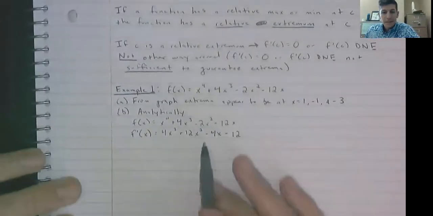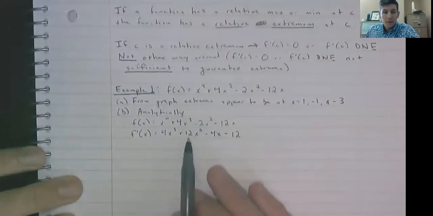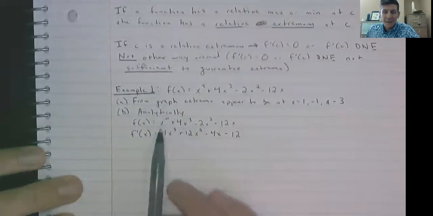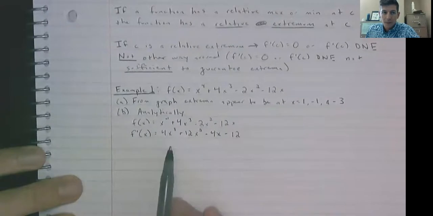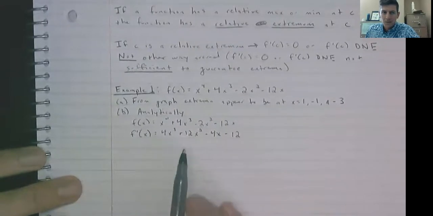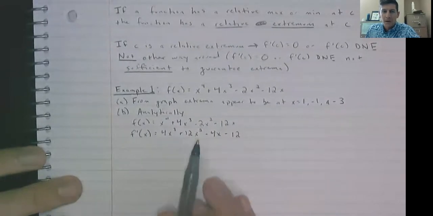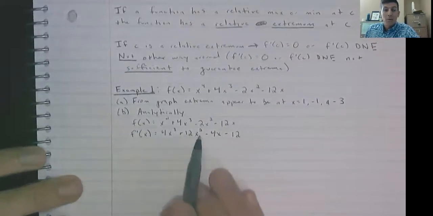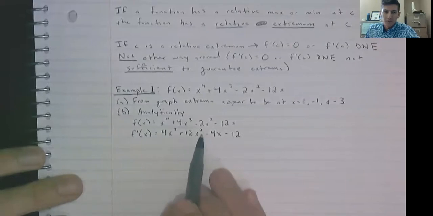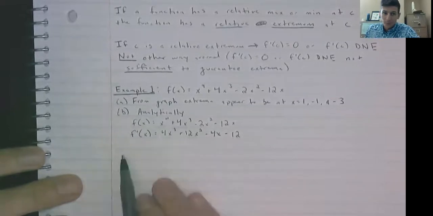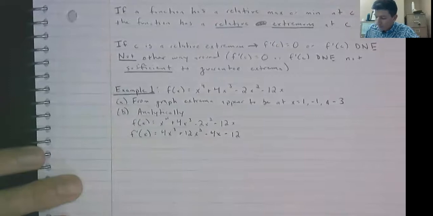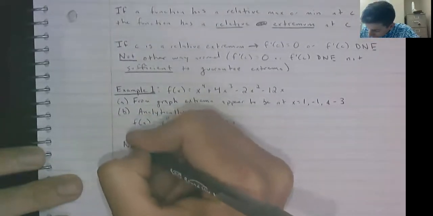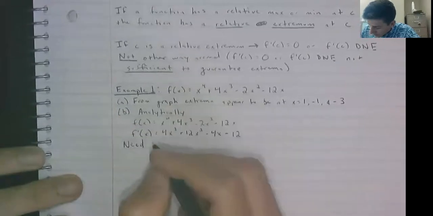In order to find a critical number, we need either f prime to be 0 or f prime to DNE. Well, let's consider the second thing there. Is it possible for f prime to DNE? Nope, because polynomials are differentiable everywhere. Polynomial function, the derivative exists everywhere. So we are specifically looking for f prime of x equal to 0.